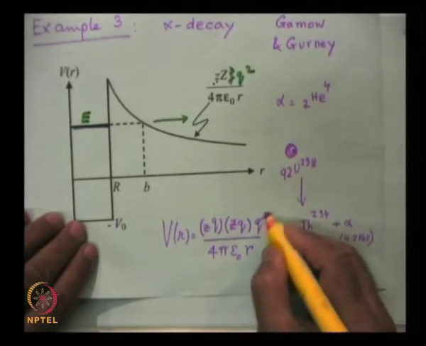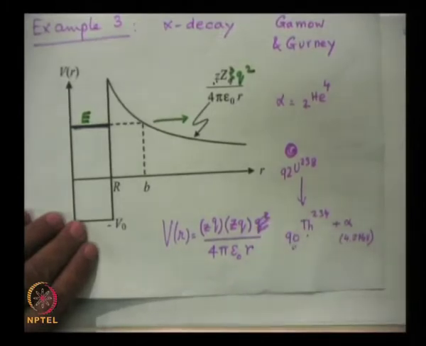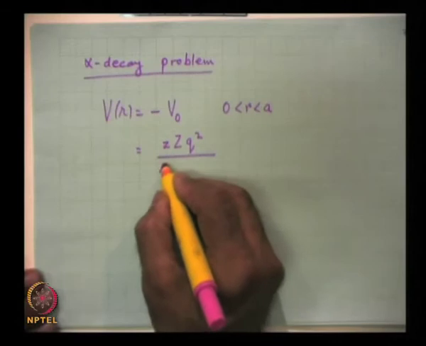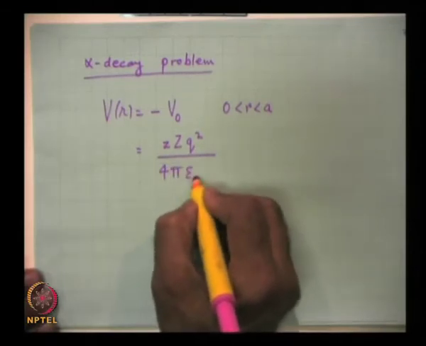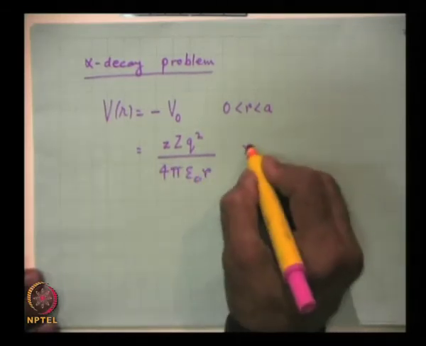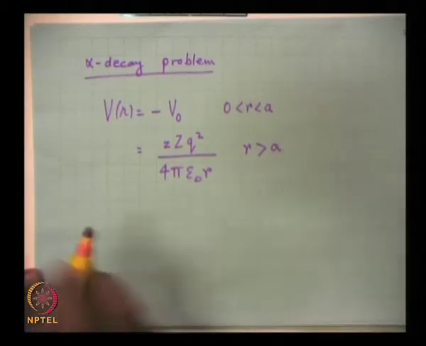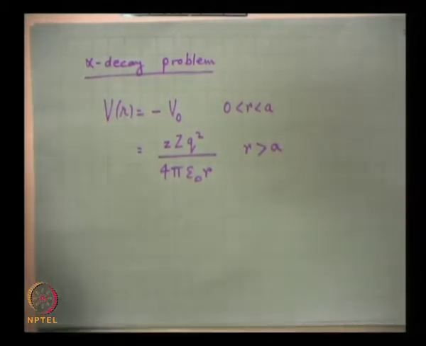I am sorry, I wrote q square twice, so that should not be there. Now, this is the potential energy that is experienced by the alpha particle.